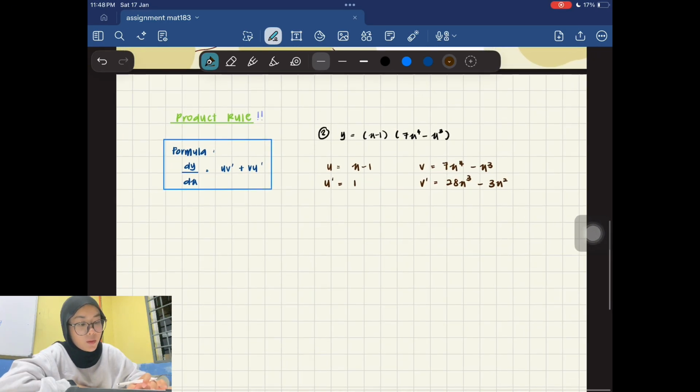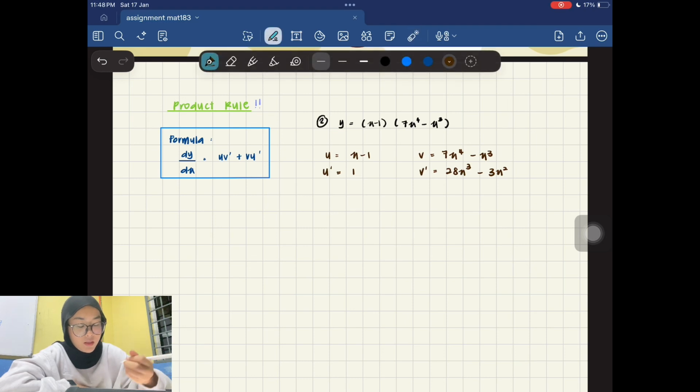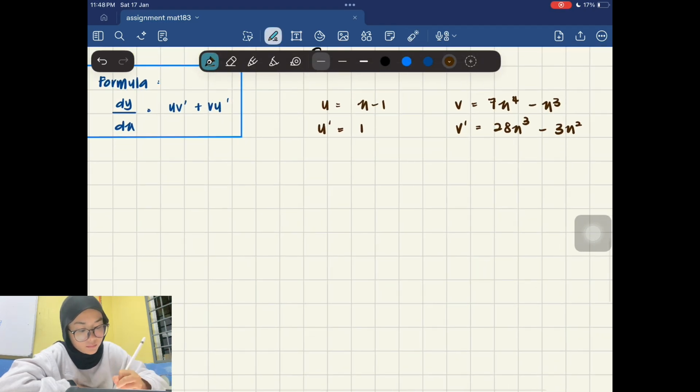Now, what we have to do is combine all these into the formula. We will get dy over dx equals uv prime plus vu prime.